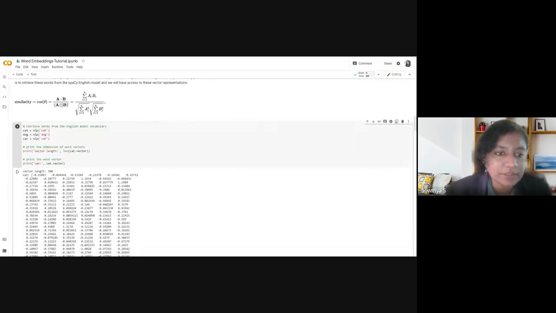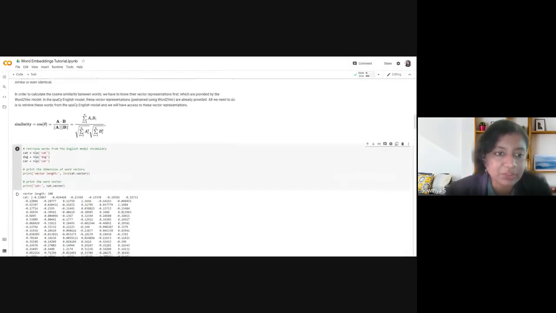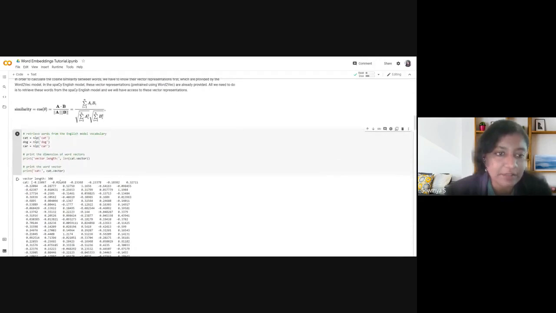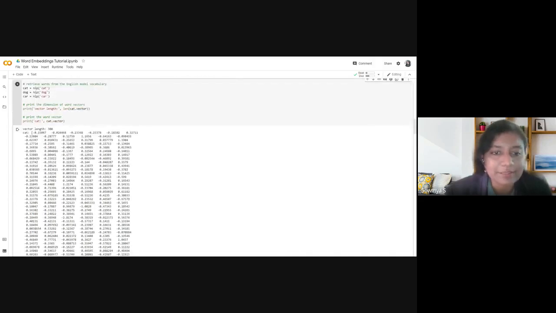So first, this particular language model has vector size 300. And I just printed one of them. And you can see it has positive values, negative values. So basically, anything that the weight vector can take can be the value.